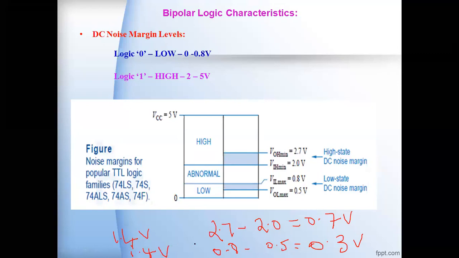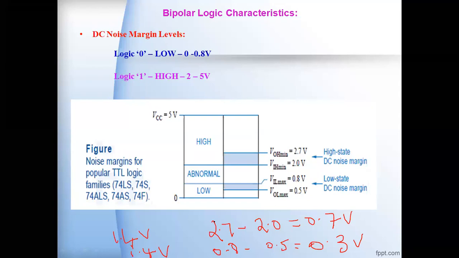So now you can see which is the better logic family. For the bipolar logic family, the noise margins are very low, whereas for CMOS they are moderate or good values. So these are the voltage logic levels and the DC noise margins of the bipolar TTL logic circuits.